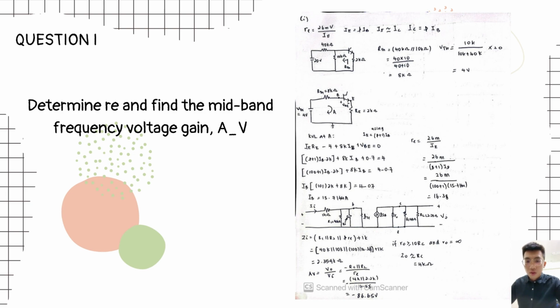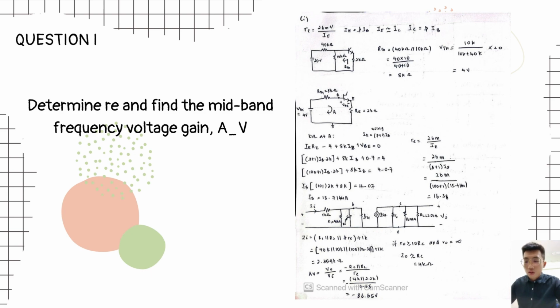ZI equal to R1 parallel to R2 parallel to beta RE plus 1K. So the value of ZI is 2.359 kΩ. If the R naught is larger than or equal to 10 RC, the R naught equals infinity.